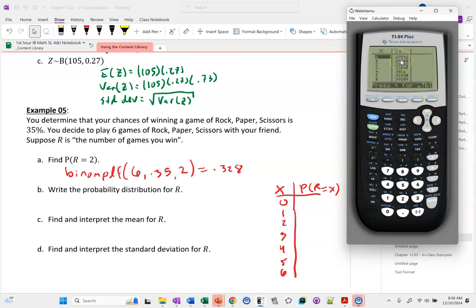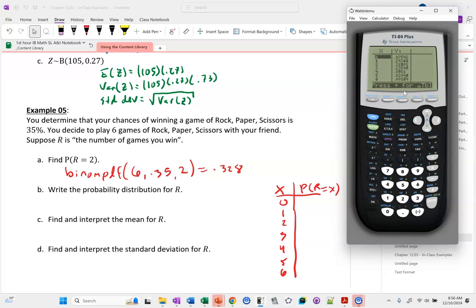So I can now just copy in here the values for P of 0, P of 1, 2, 3, 4, 5, 6. That worked. I'm surprised. I was a little worried that it wouldn't, but it did what I needed it to. That's nice, right? Rather than having to jump through all those menus a bunch of different times.